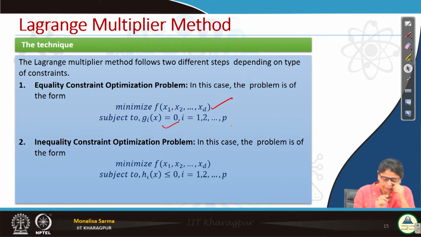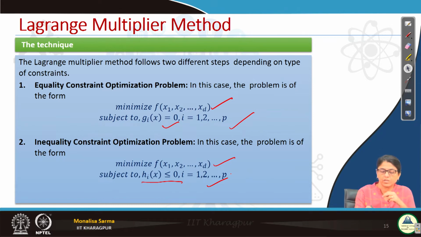Another is the inequality constraint. Minimize this function subject to the constraint hi(x) less than or equal to 0, and similarly there may be p constraints. So this is the equality constraint optimization problem, and this is the inequality constraint optimization problem.